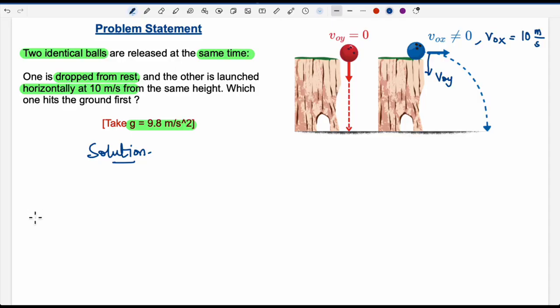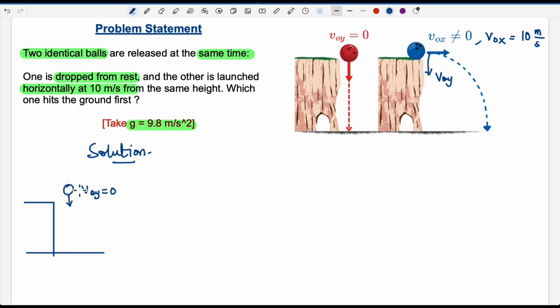So the first thing we have to look at is the first ball. The first ball is dropped. So this is the ground for the first ball, which is dropped. Being dropped means v naught y equals 0.